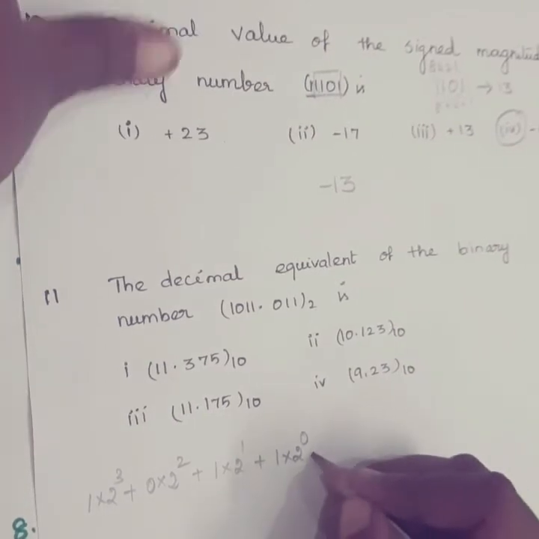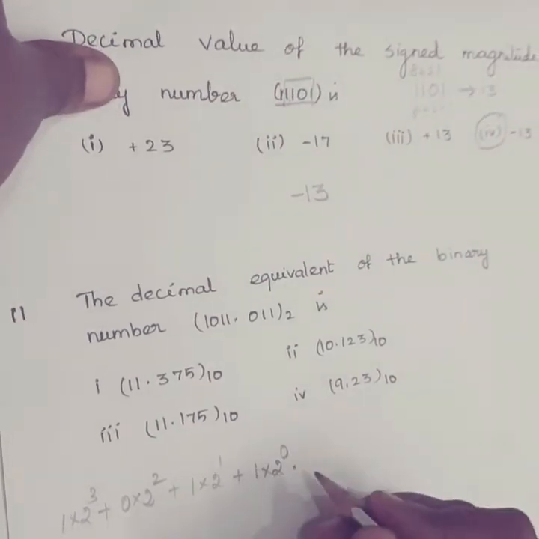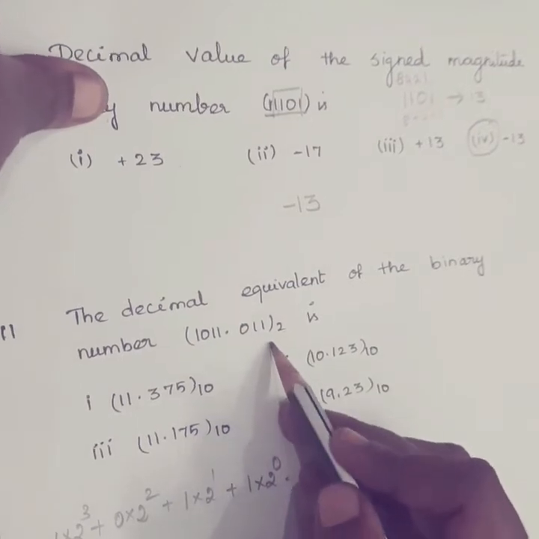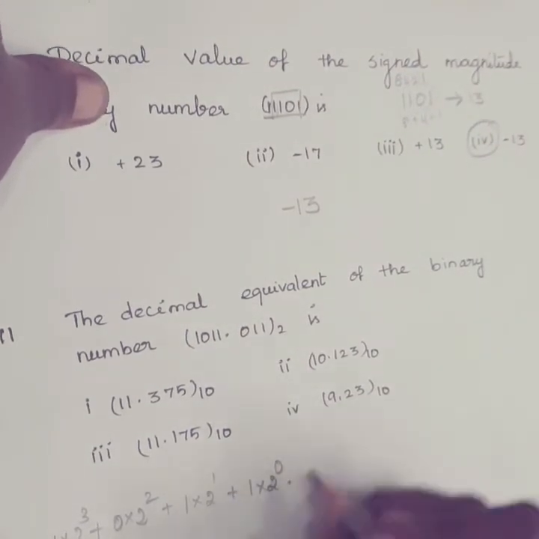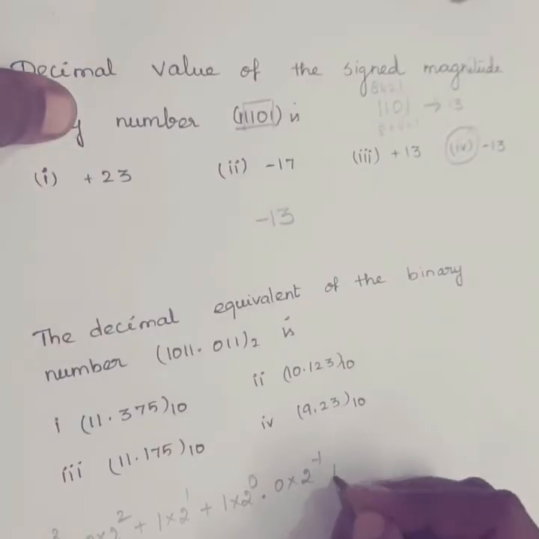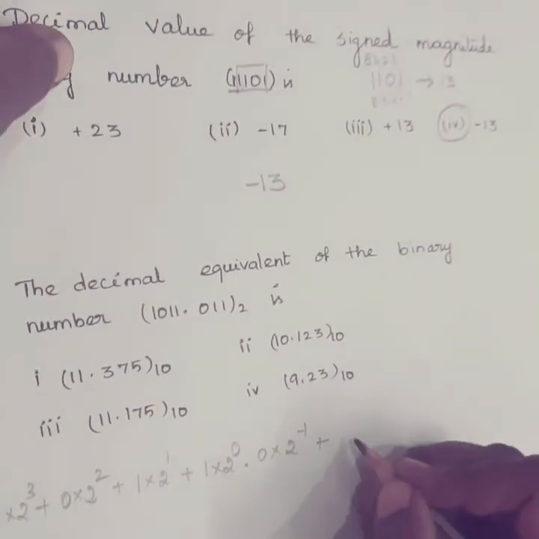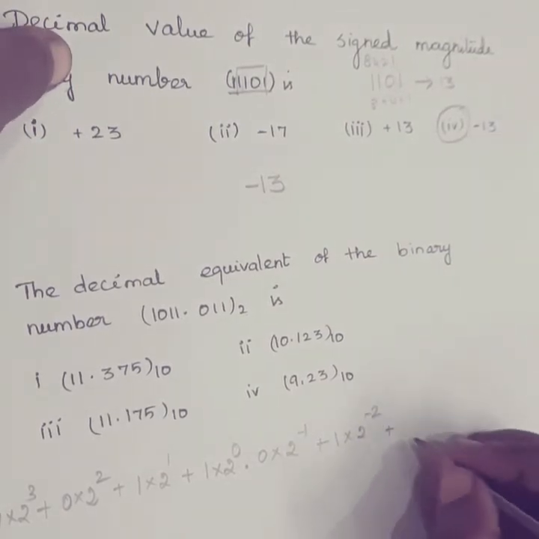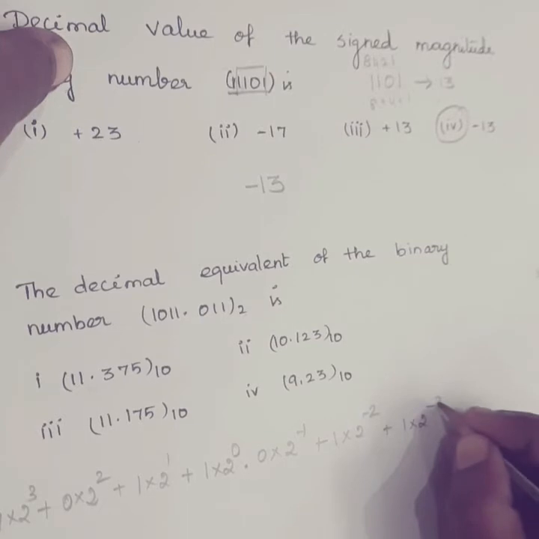On the right side you have to express by negative powers of 2, that is 0 into 2 power minus 1 plus 1 into 2 power minus 2 plus 1 into 2 power minus 3.